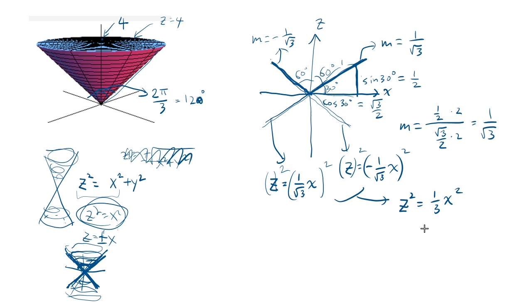And that's actually a single equation that gives you two lines, because if you solve this, you get the plus and the minus, you get both of the lines. And what this is telling us is that whatever the equation for this is, its xz trace must be this one. Now you can do the same thing for the y, and you get that for the y it should be this one, right?